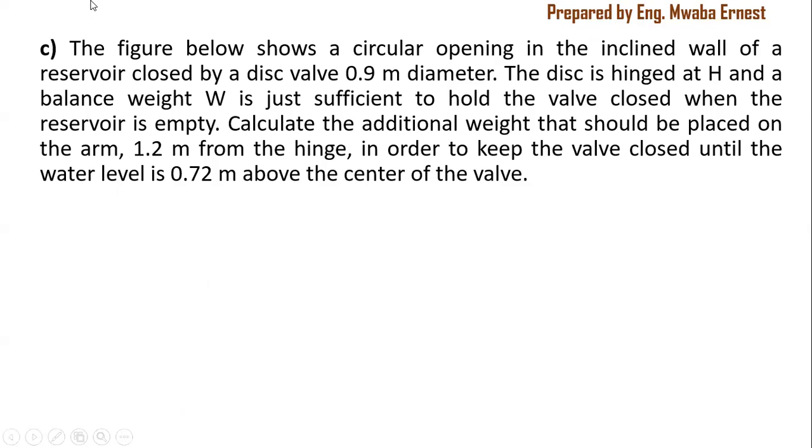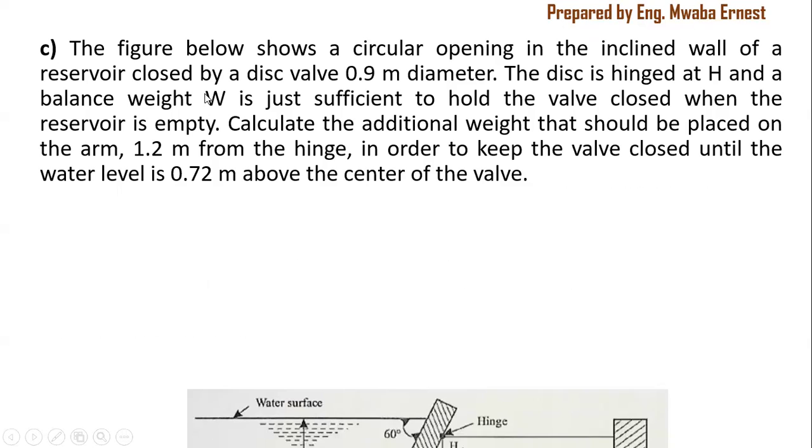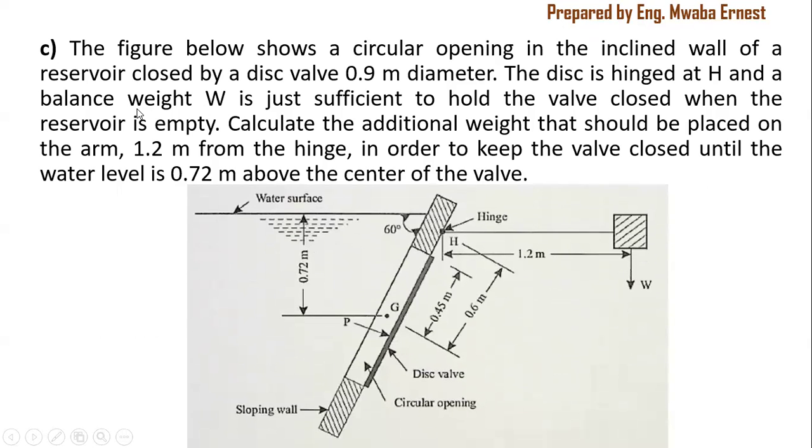So question number 1C says, the figure below shows the circular opening in the cylinder in the inclined wall of a reservoir, closed by a disc valve, 0.9 meter diameter.